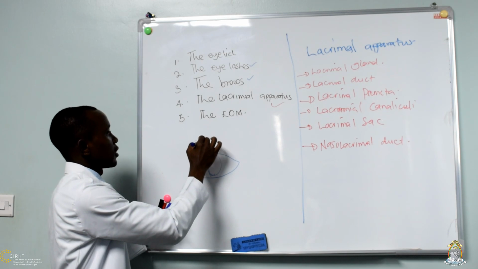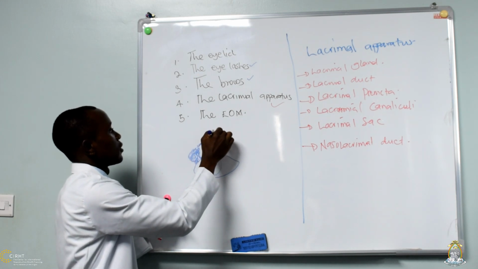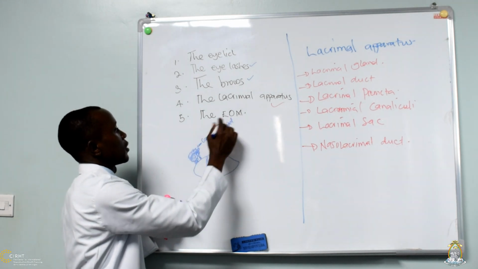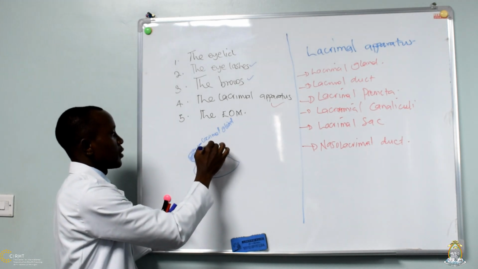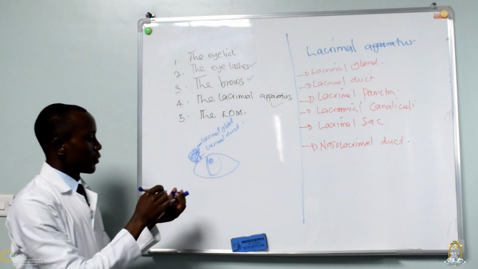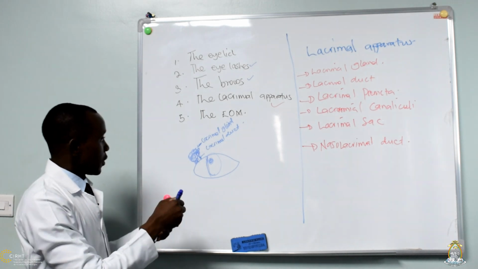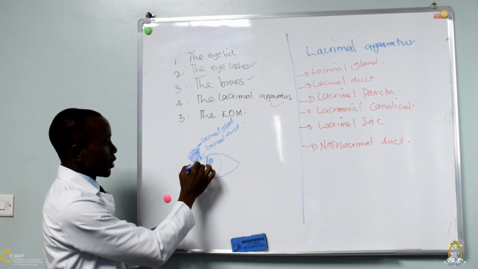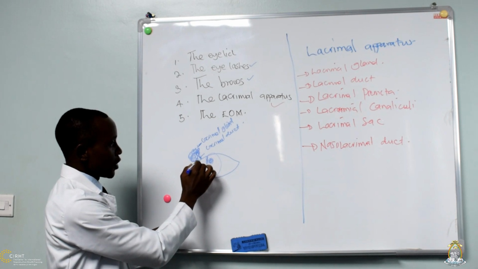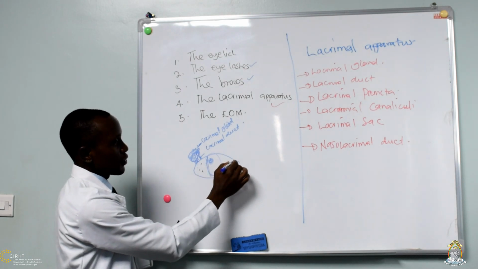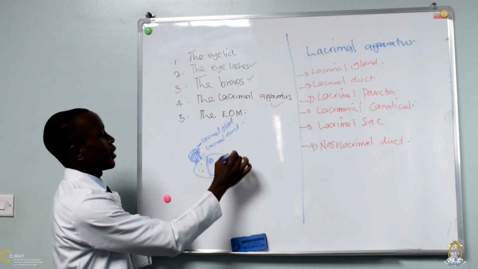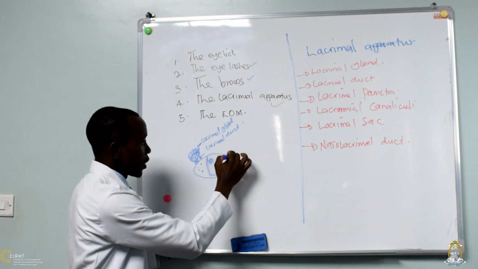This is the lacrimal gland, and it opens via the lacrimal duct. Then it pours its secretion onto the lateral surface of the eye, and it flows across the eyeball onto the medial part of the eye, where we have another structure.